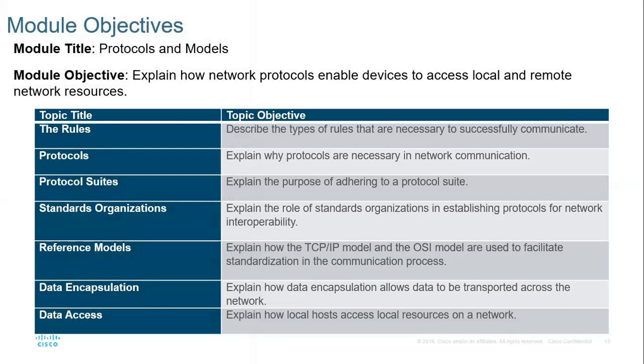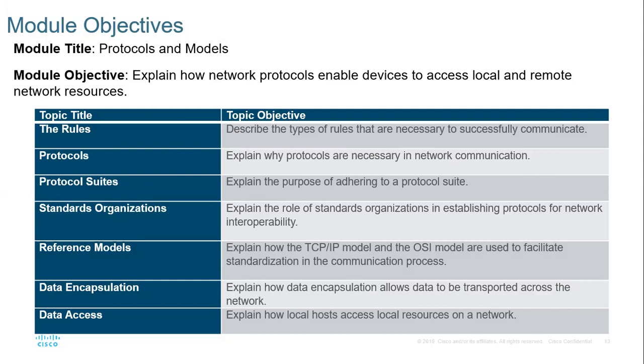Protocol suites: explain the purpose of adding a protocol suite. Standards organizations: explain the role of standards organizations in establishing protocols for network interoperability. Reference models, as I told, explain how the TCP/IP model and OSI reference model are used to facilitate standardization in the communication process.